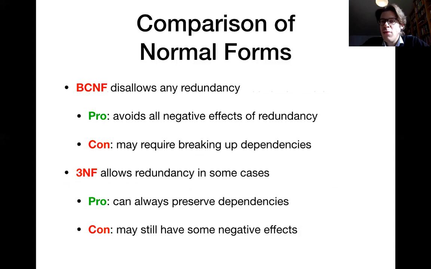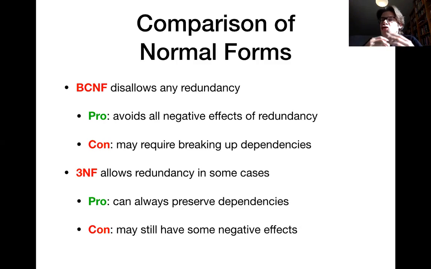The reason we want to be a little bit more permissive is that the third normal form can always be achieved while preserving dependencies. Dependencies are those functional dependencies. If I want to verify that those functional dependencies are satisfied as integrity constraints, a dependency-preserving normal form means that I only have to consider single tables.